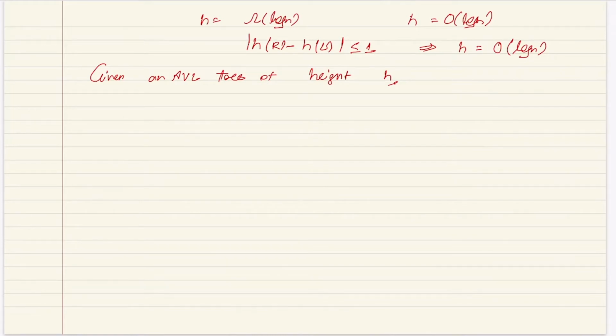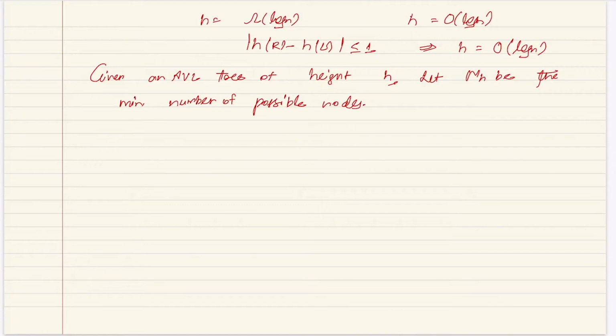So what are the minimum number of nodes it will have? Let MH be the minimum number of possible nodes, because height will be the worst when it is having the minimum number of nodes. The maximum number of nodes we know is 2 to the power h+1 minus 1, and that actually ensures h is omega log n. But what is the minimum number of possible nodes it will have given this property? And if I can show with that number that yes, this height is maintained, then I am done.